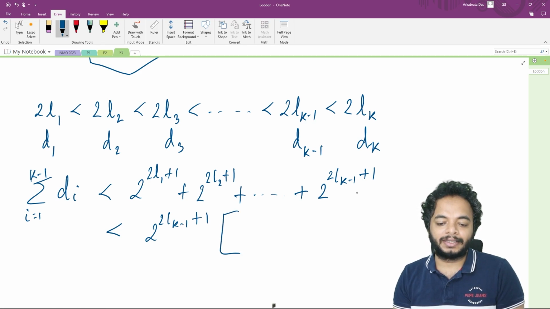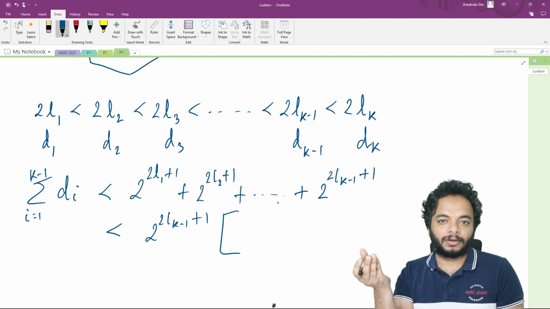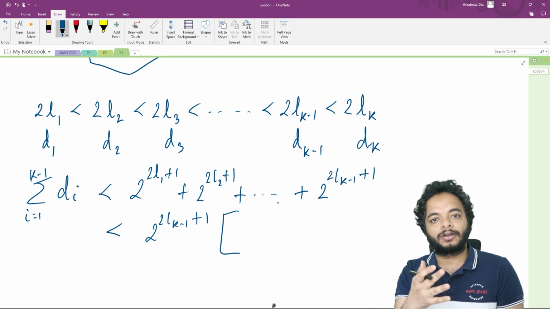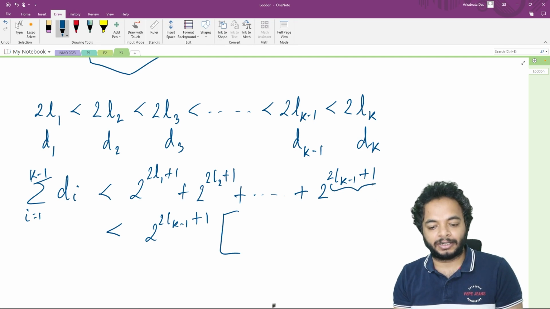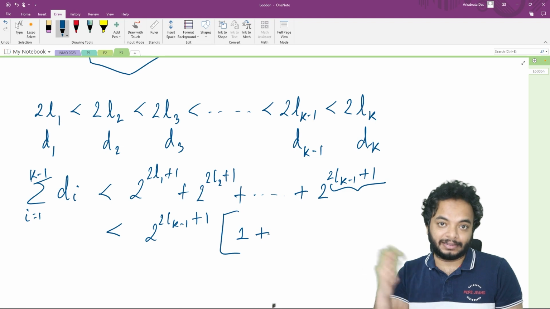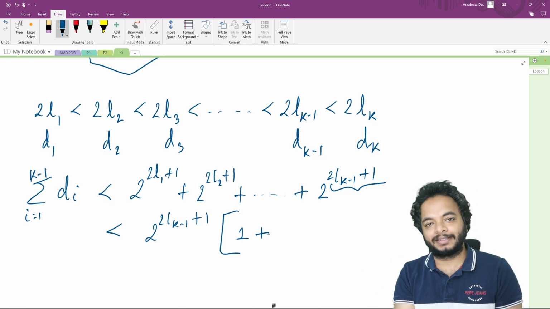Now I know one thing: whatever the last one's power is, that power will be at least the last odd number. This is an odd integer, so the previous power of 2 will be at least the previous odd number, or might be lesser than that.